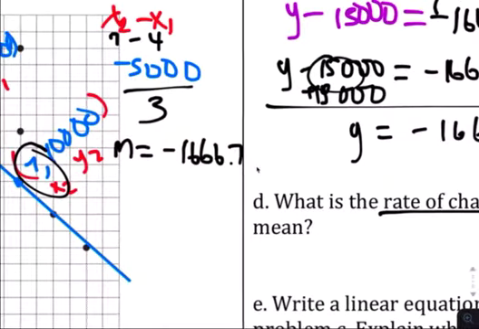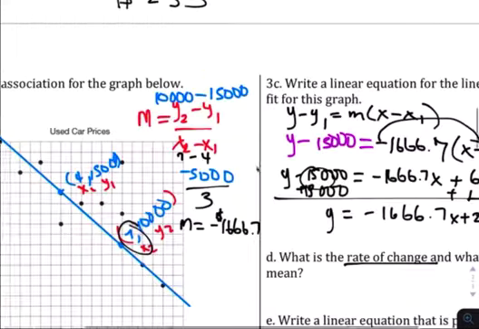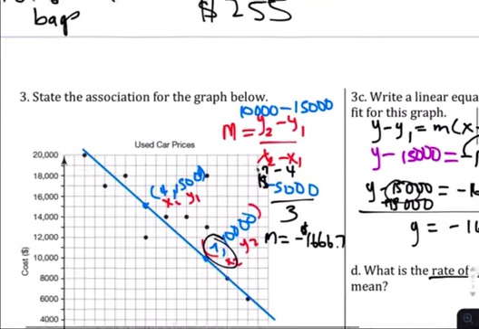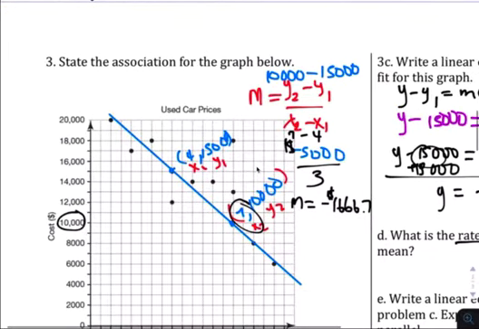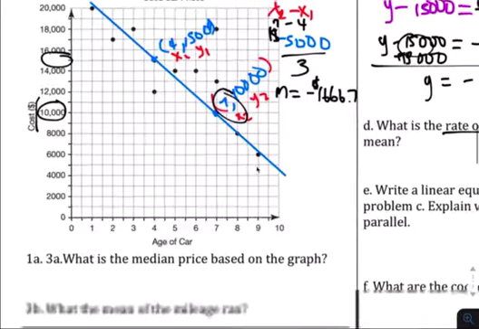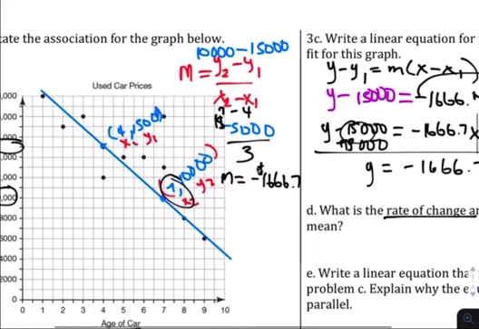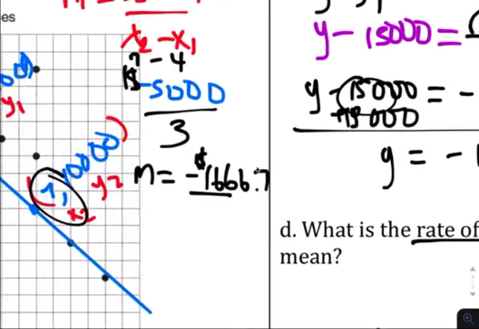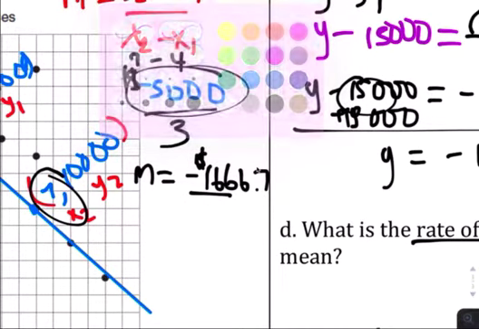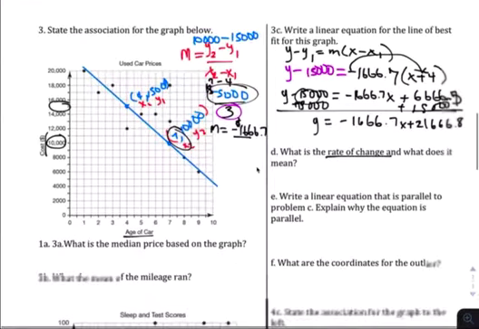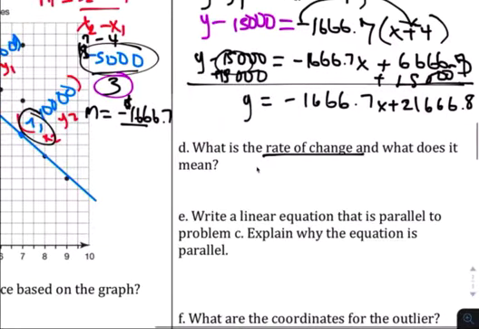This is the rate of change down. This is the dollar amount, okay? This is the dollar, 10,000 and 15,000. This is a dollar, and this is the age of a car. Basically, you lose 5,000 every 3 years.